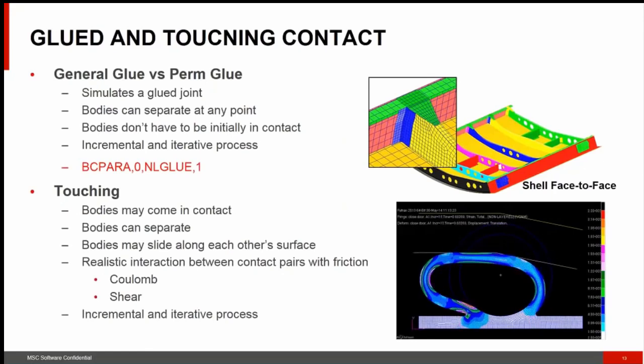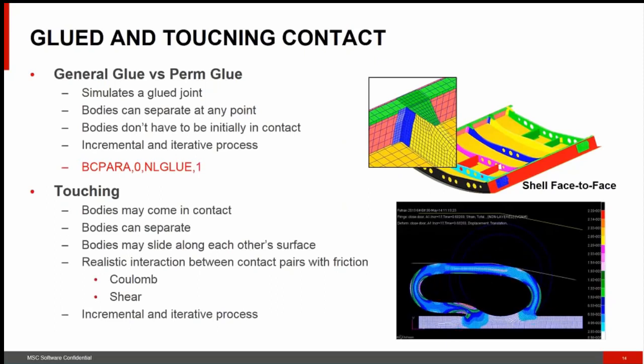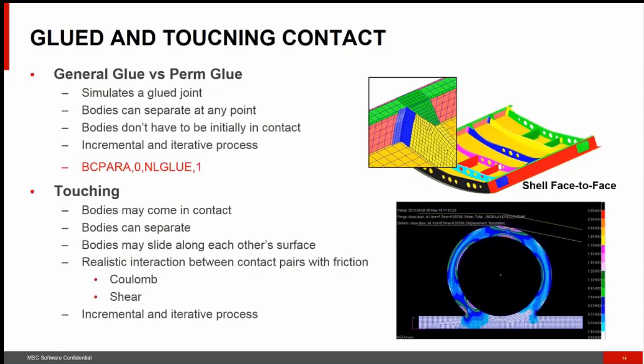Now, the different types of contact you can see here are glued and touching contact. We have several types. One type is the permanent glue, which is a special case of contact based off the initial condition of the bodies with respect to each other. So the contact changes in permanent glue are not considered throughout the analysis.